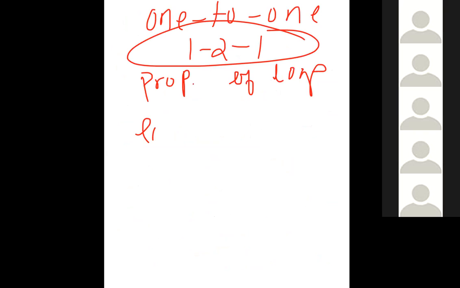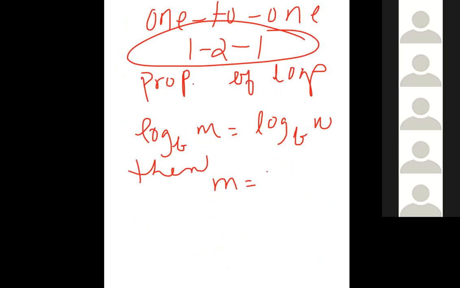If you have log base b of m equals log base b of n, then that means m will equal n. So in other words, if you have the same log bases on both sides and they're equivalent to each other, then the arguments, the m and the n, would be equal to each other, right?